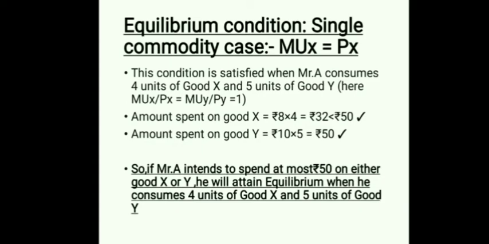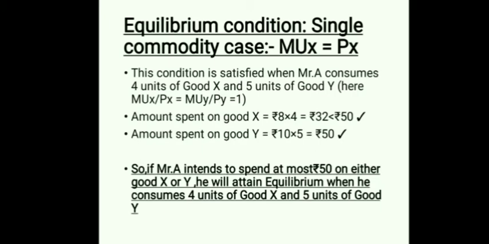According to this, MUx should be equal to Px, or MUx by Px should be 1, and MUy by Py should also be 1. This is attained when the consumer consumes 4 units of good X. When the consumer consumes 4 units, MUx will be equal to Px.